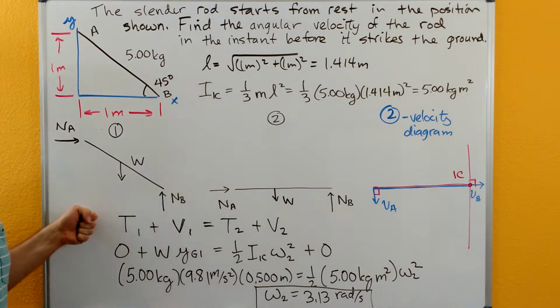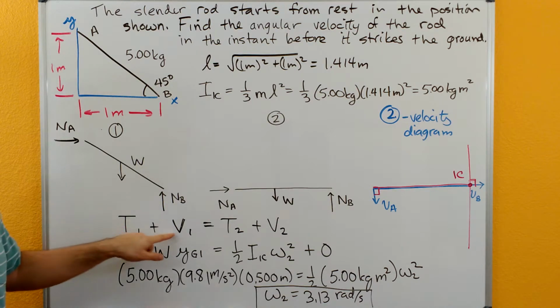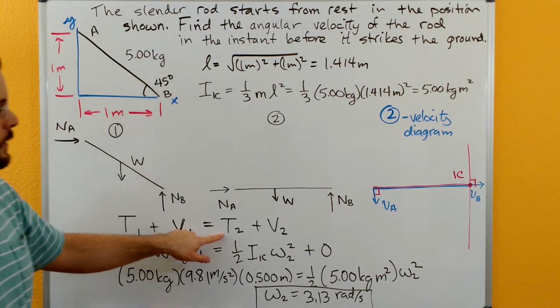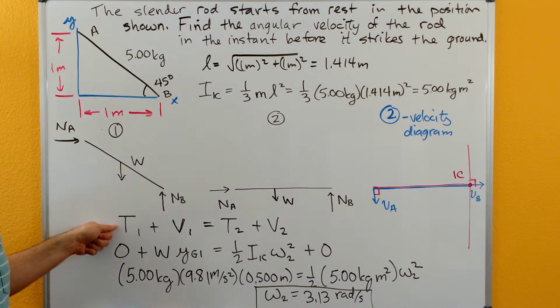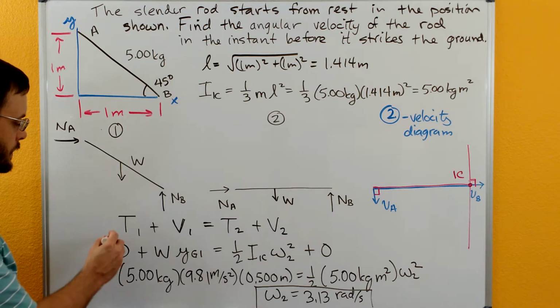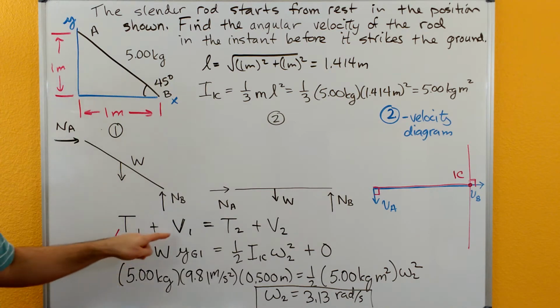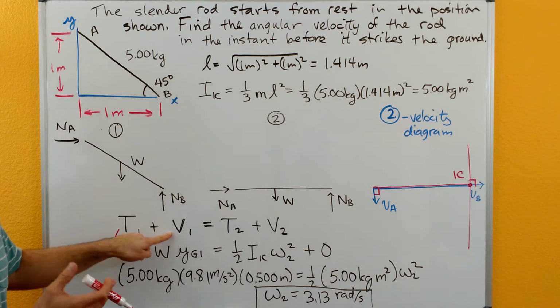And then here's our conservation of energy formula. So our kinetic energy initial plus our initial potential energy is equal to our final kinetic energy plus our final potential energy. So here we have an initial kinetic energy of 0. Our potential energy is only just due to the weight moving about in y.